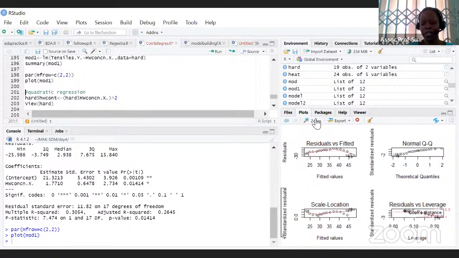Let me zoom in. I want to share the zoomed in plot.